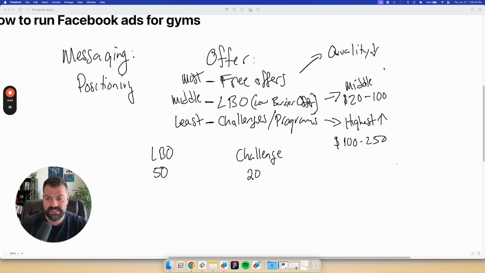Okay. So let's just say the LBO gets 50 trials, right? And the challenge gets 20 trials, right? So 50 people sign up for an LBO, 20 people sign up for a challenge. Okay. Let's just say that your LBO converts at 50%. All right. Which means it converts from an LBO into a membership at 50%. That means you sign up 25 members.